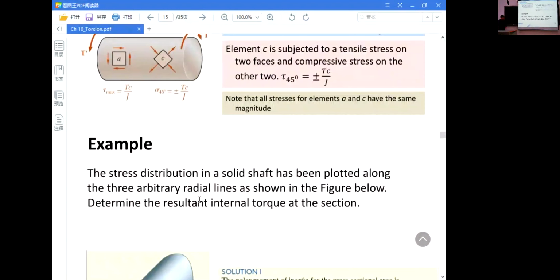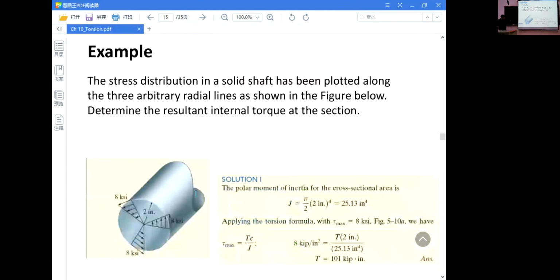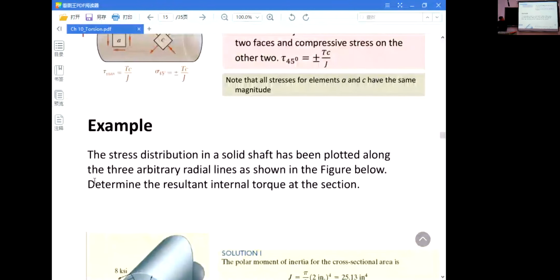Suppose, copy it. Suppose it is in inches.